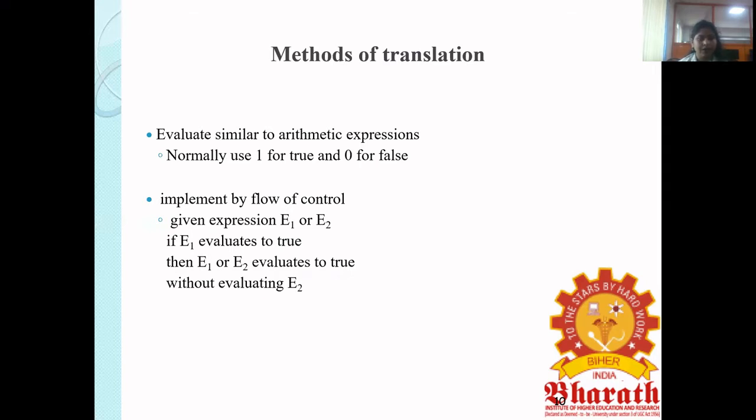This is evaluated similarly to an arithmetic expression. Normally we use 1 for true and 0 for false. It is implemented by flow of control. Given the expression E1 or E2, if E1 evaluates to true, then E1 or E2 evaluates to true without evaluating E2. If either one is true, the whole expression is true.